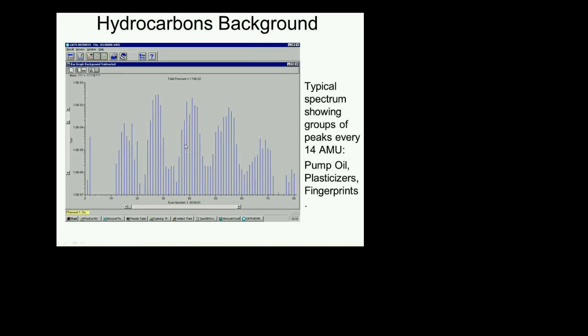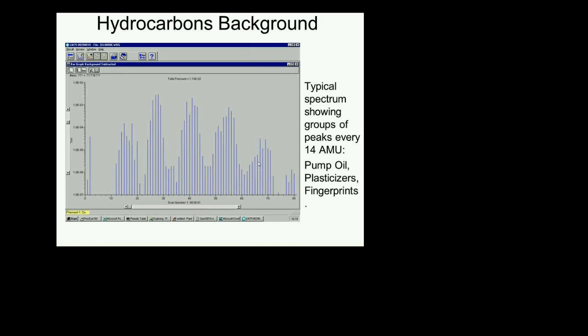What you actually have are clusters of fragments of different molecular weight compounds present in the system. They come in little clusters separated by about 14 AMU.